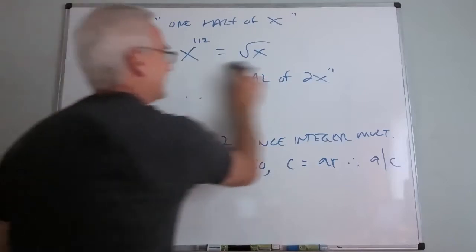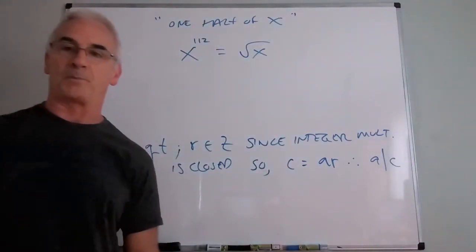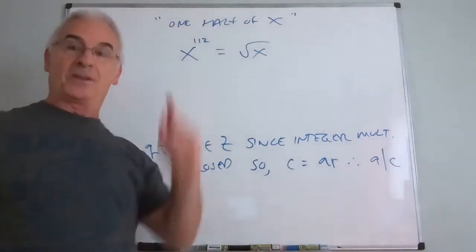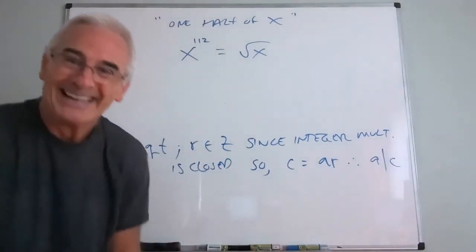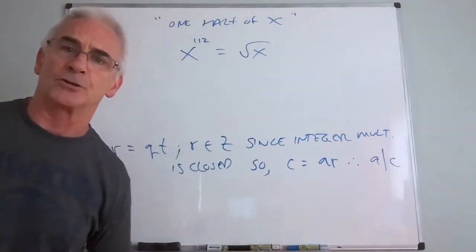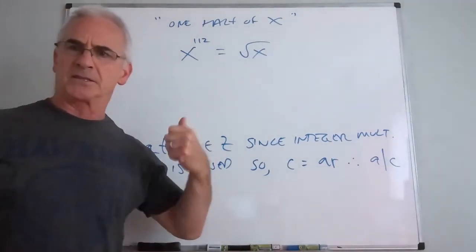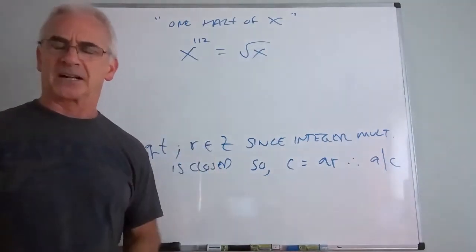Now, tell me, how could any person write the square root of x as x to the 112th power? Which, by the way, I had 10 different instances this week of that. I have fun with this. I think we all agree that x to the 112th power is not root x. So why in the world would anybody write this? And I get this actually quite often.